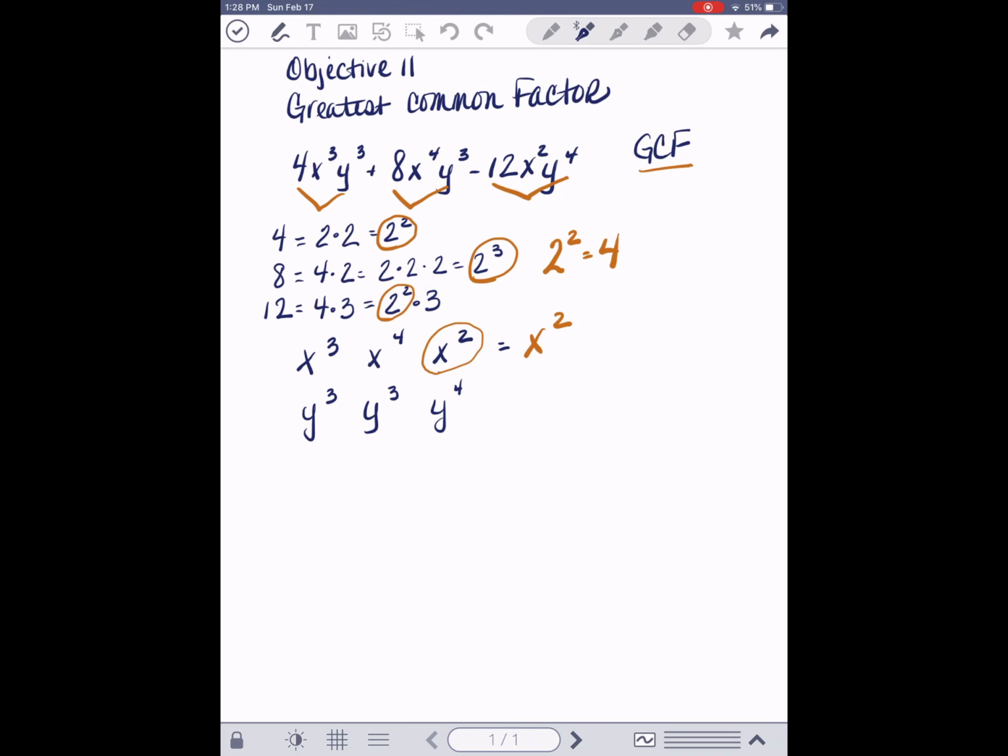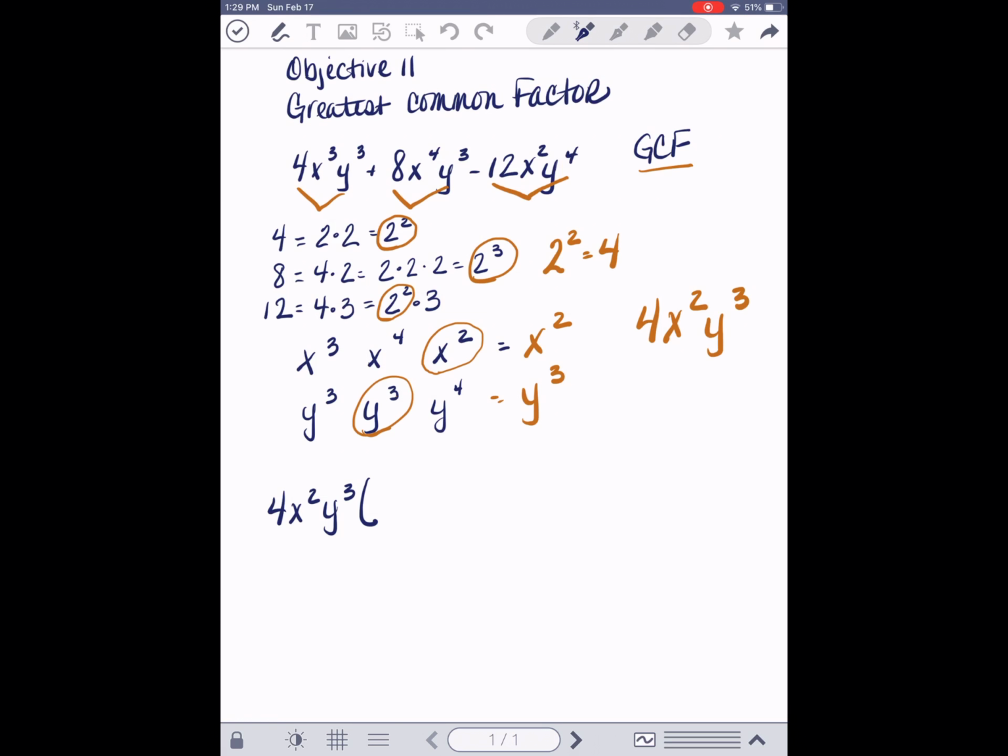Our lowest are cubes, so we know that y cubed. So in this example, our greatest common factor that can come out of each one is 4x squared y cubed.